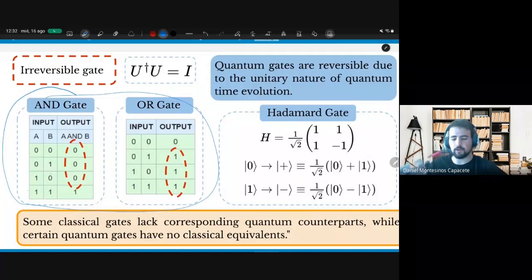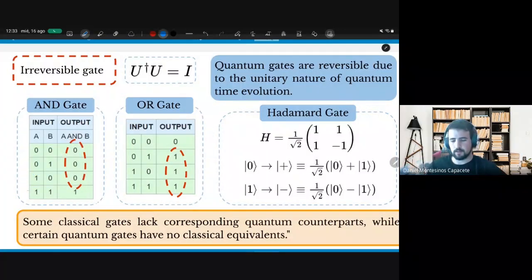But if you have output zero, what is the input? You don't really know, since you have three different options that give you the same output. It could be this option, this other option, or this other option.